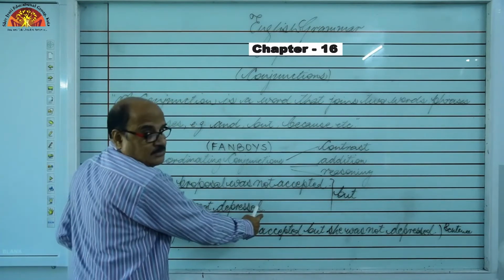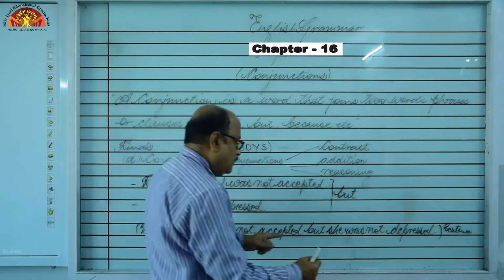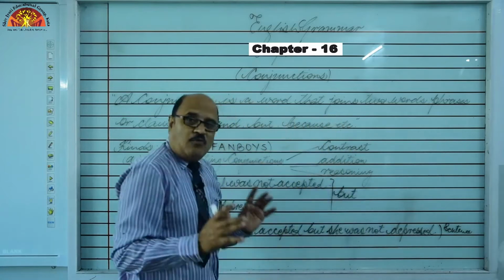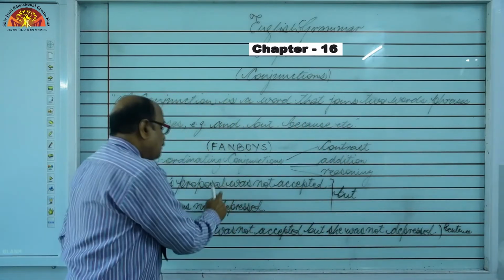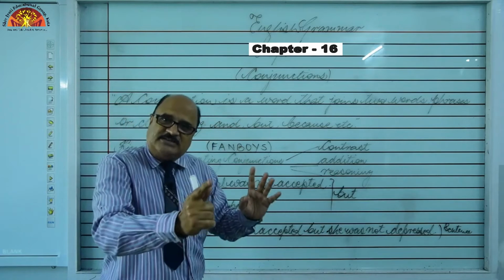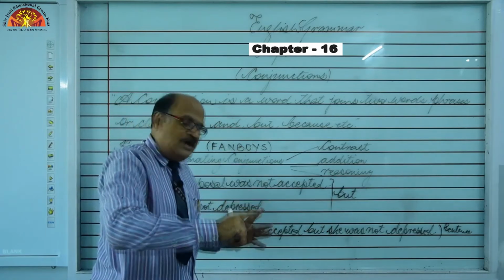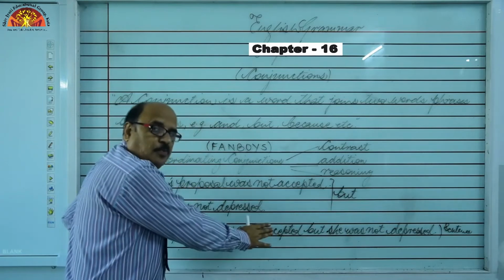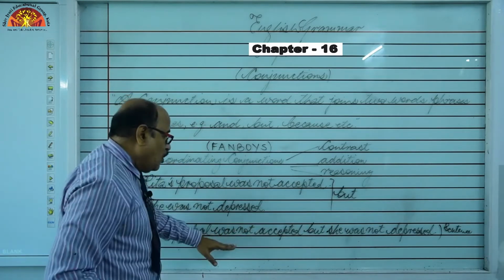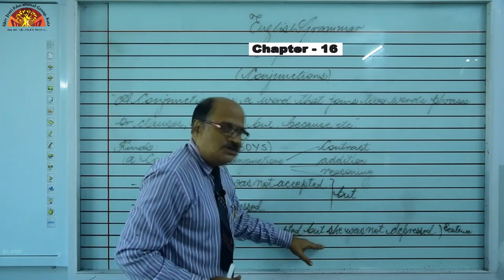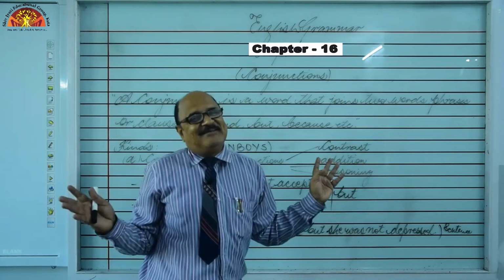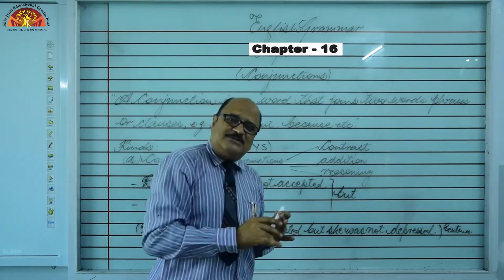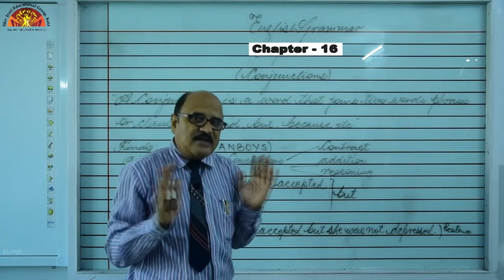She was not depressed. This is a sentence, but here this is not a sentence, this is a clause. So, what we can say? Sentence plus sentence is equal to sentence, but the structure will be known as clause plus clause. The same group of words is there, but still clause. So, the formula is clause plus connector or conjunction plus clause is equal to sentence. Is that clear now?